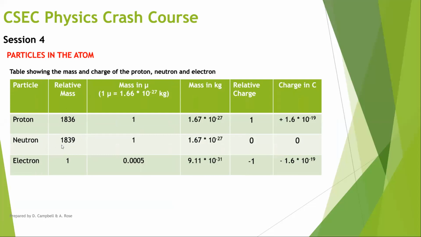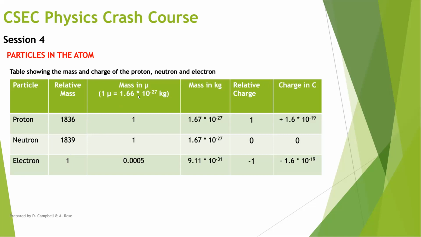The neutron is slightly heavier than the proton. So this is the relative mass, meaning that when you compare them to each other, the proton is 1836 times the mass of the electron, while the neutron is 1839 times the mass of the electron.